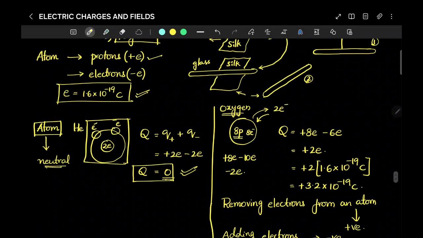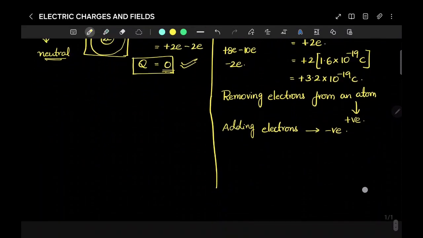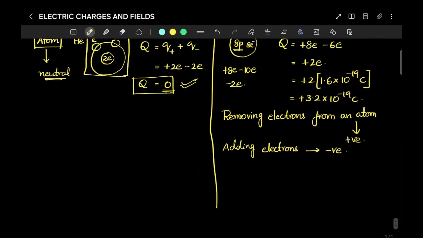Generally, in the addition of electrons, the mass of electrons is very, very small when compared with protons. So we don't consider much change in its mass.